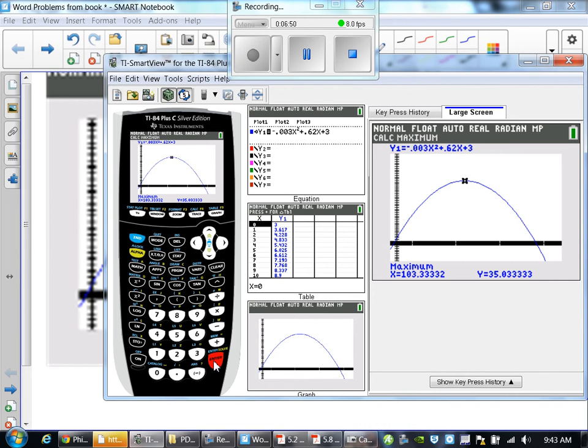And hit enter. And this is giving me a maximum value at 103 and change and 35. That's where my vertex would occur. It's also the halfway point of the curve.